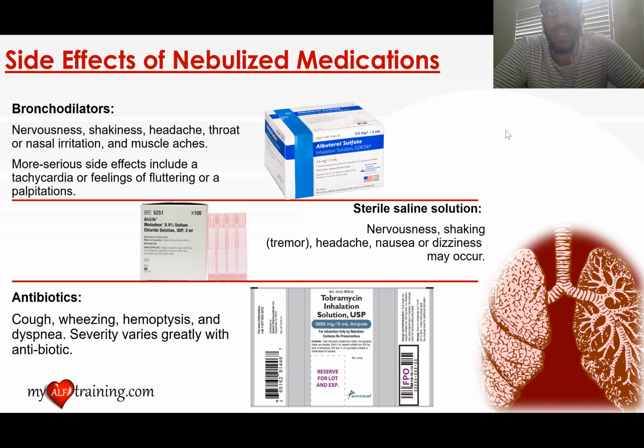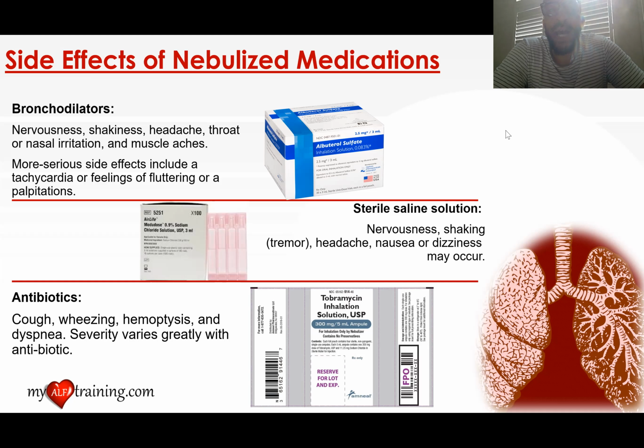It's passing through those sensitive respiratory tissues. It will cause some irritation for the patient. And muscle aches. It can also cause muscle aches. So these are some of the expected side effects of bronchodilators.